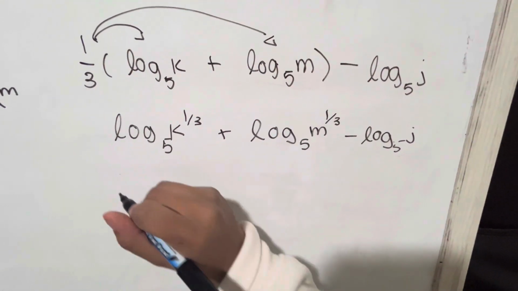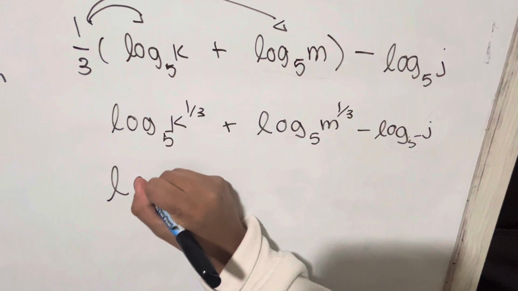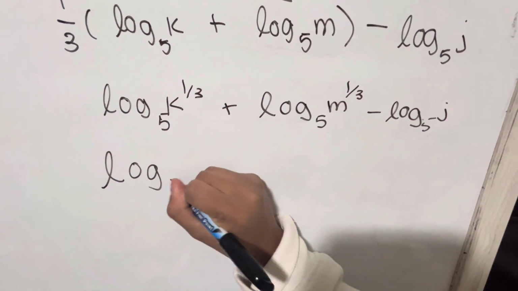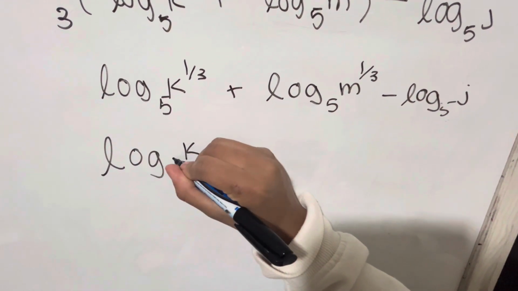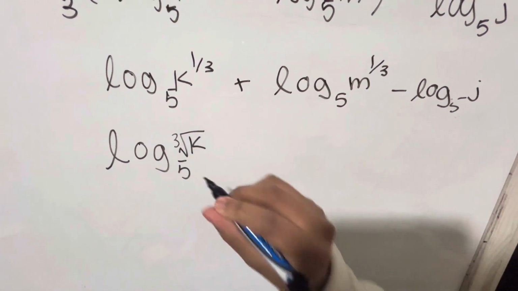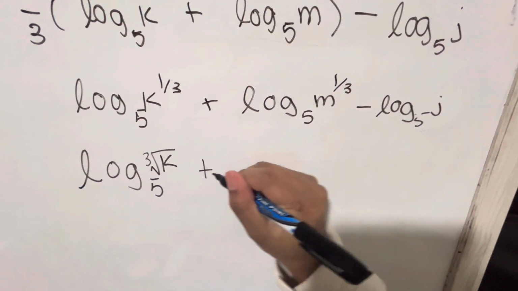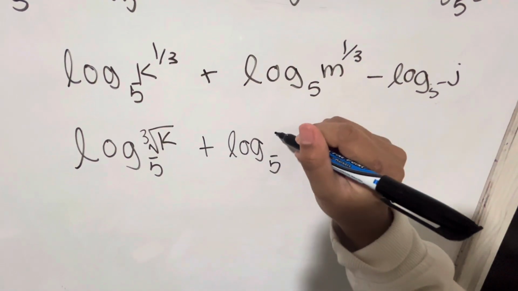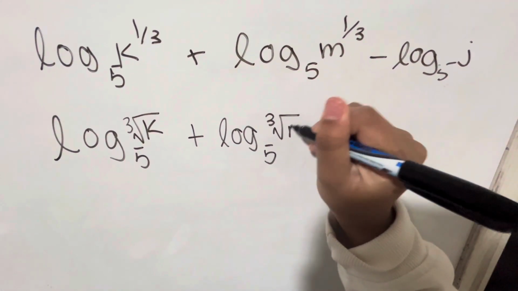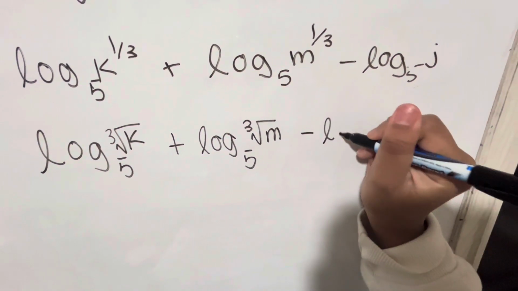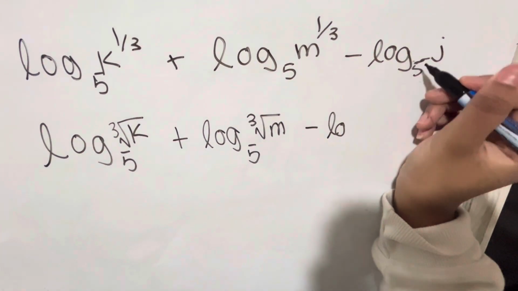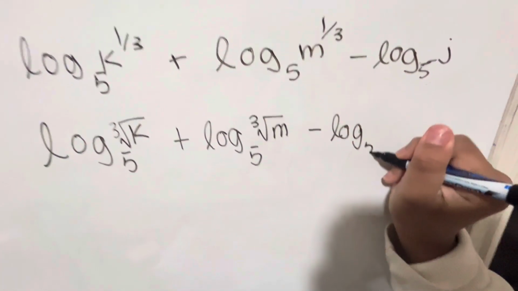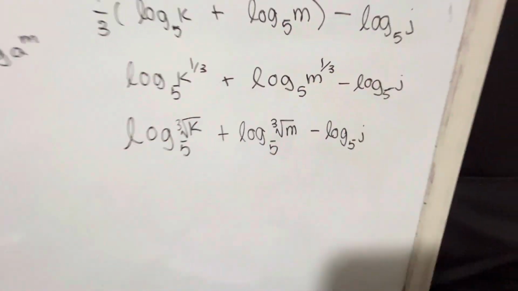So another way to say this is log base 5 cube root of k. And the same thing over here, log base 5 cube root of m, and then minus log base 5j.